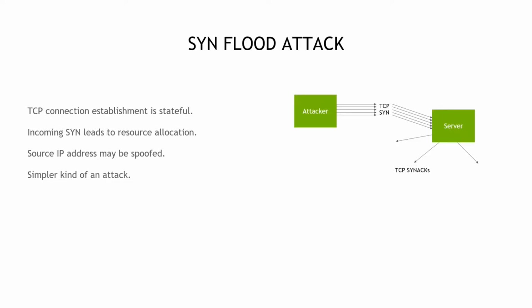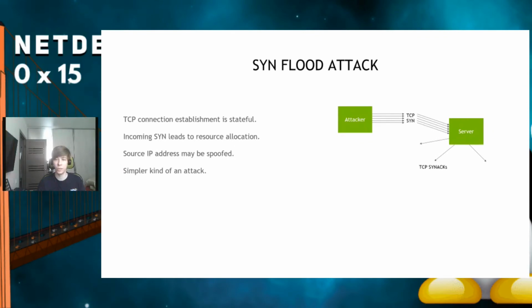This slide describes the Synflood attack. As TCP connection establishment is stateful, it's enough for a client to send the SYN to make the server allocate resources. A malicious client doesn't care about receiving a SYNACK reply, so the attacker can spoof the source IP address to circumvent possible limiting of rate of connections per source IP.